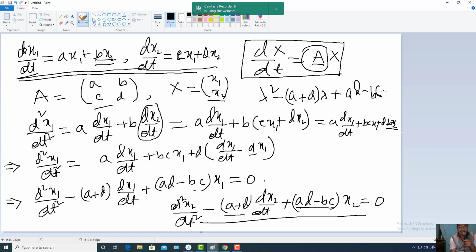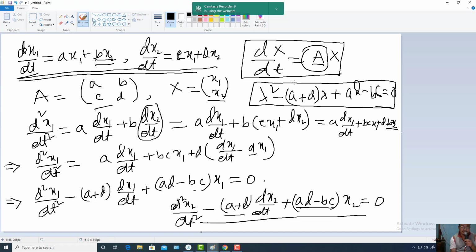So this is the characteristic equation. You have the same equation. The characteristic equation is equal to the auxiliary equation.